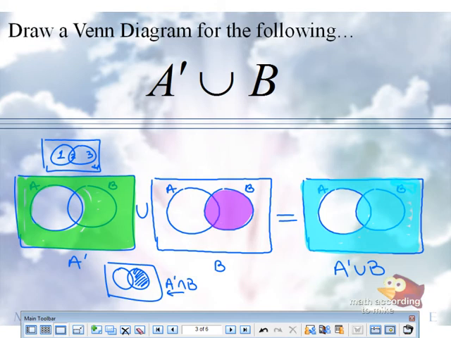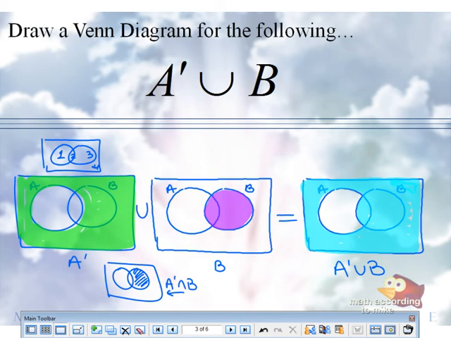So what sections were shaded here? 3 and 4. What sections were shaded here? 2 and 3. What sections do they have in common? 3. So union says take whatever is shaded.